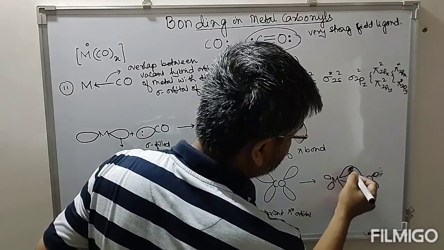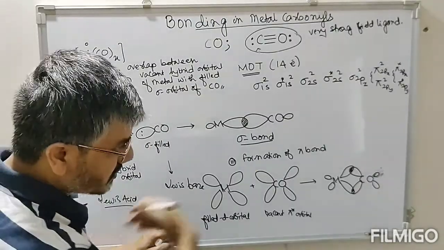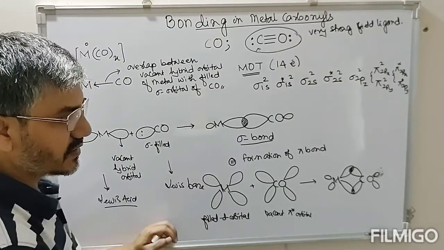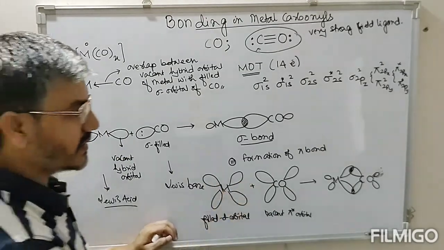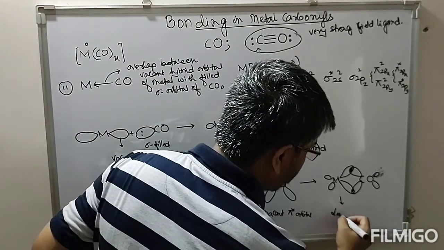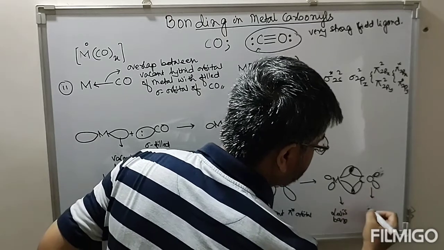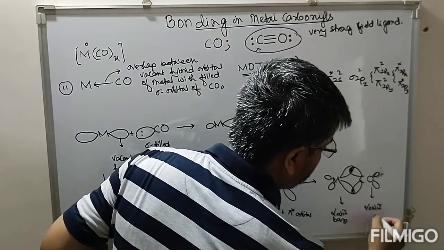So look at this. In this case, the metal is transferring electron density towards the ligand. So in this case, the metal is acting as a Lewis base, whereas the ligand is acting as a Lewis acid.